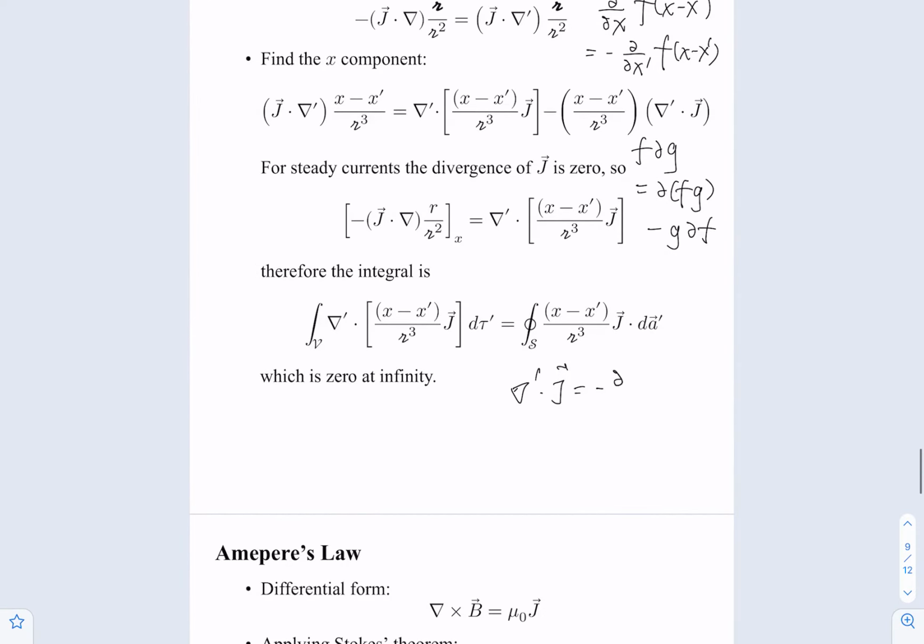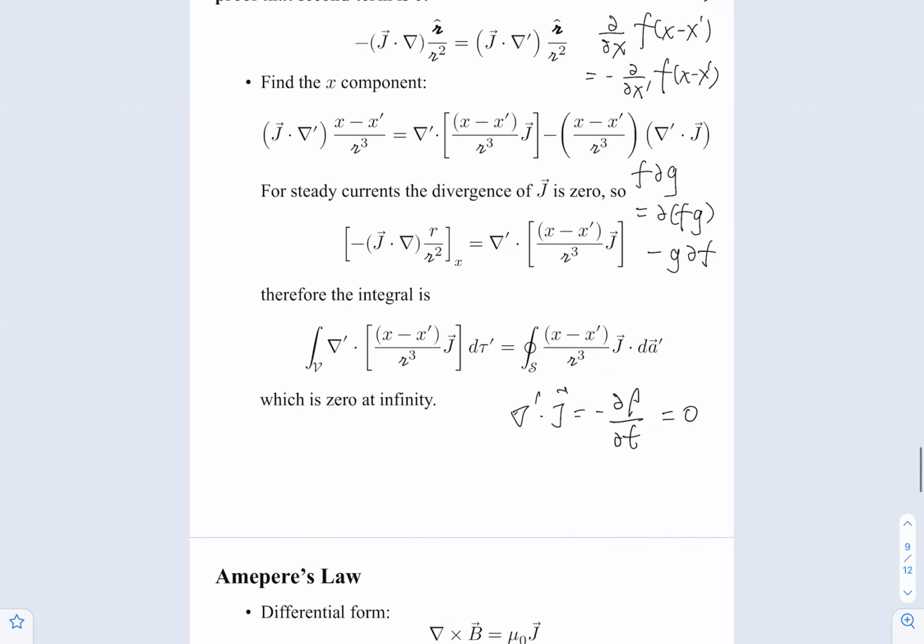This is the continuity equation. For steady state systems, there's no charge change as a function of time, so it's 0. So here, this term is equal to 0.